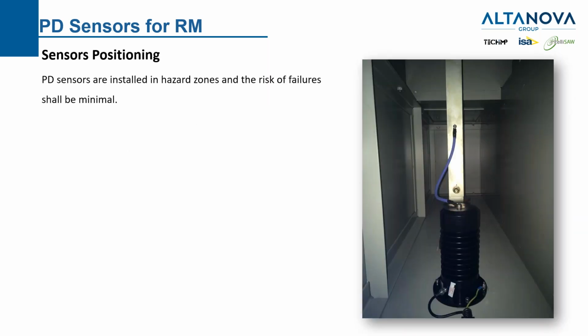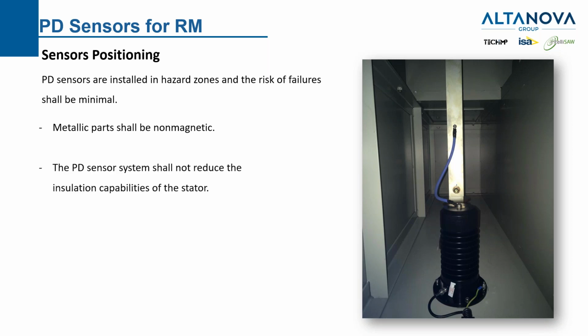Now, sensor positioning. For the same reason, we install this sensor in a very particular environment, and normally, we just install them once in a lifetime. We have to make sure everything is made properly. Our sensor shall not have magnetic parts.